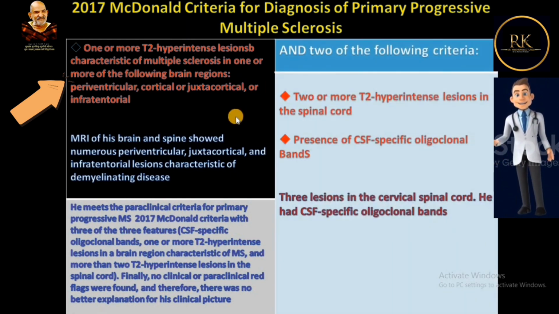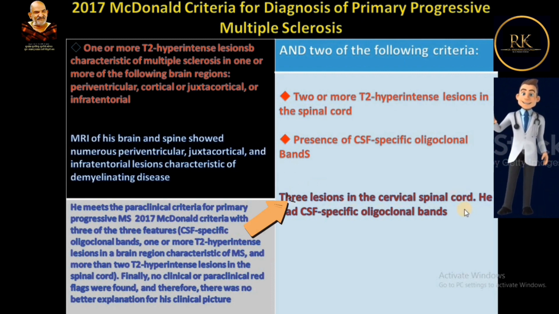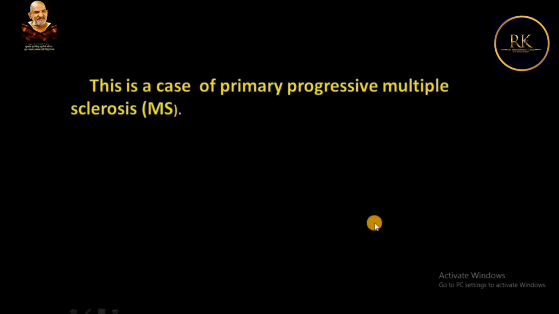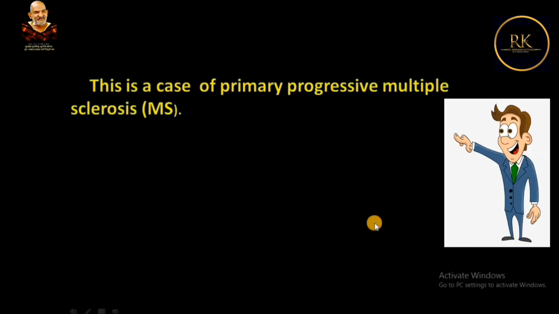And this patient is having 3 lesions in the cervical spinal cord, so 2 or more T2 hyperintense lesions in the spinal cord, as well as CSF-specific oligoclonal bands, is present. So three of the three criteria for primary progressive multiple sclerosis are fulfilled. So, this was a case of primary progressive multiple sclerosis.